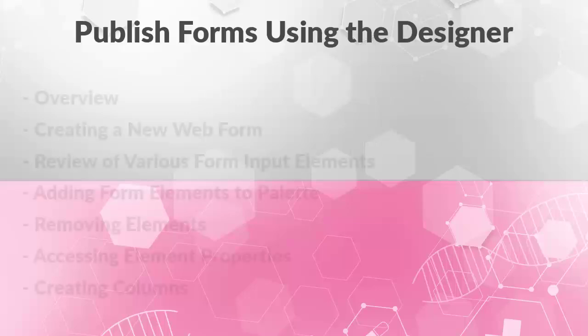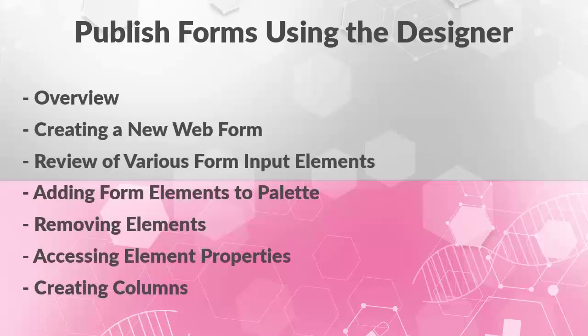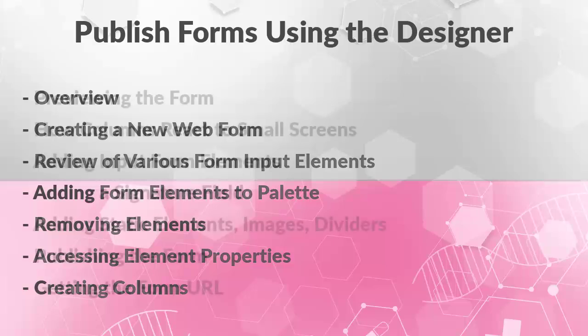With this video, we're going to cover an overview of the form designer, how to access the form designer, creating a new web form using the designer, reviewing various form input elements that we offer as part of the designer, adding form elements to the palette, removing them, accessing their properties, and creating columns.